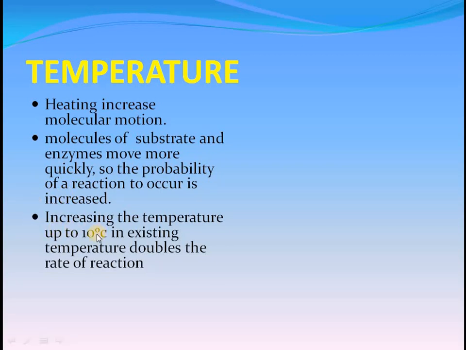Increasing the temperature by 10 degrees Celsius above the existing temperature doubles the rate of the reaction. Means when temperature is increased by 10 degrees centigrade, it doubles the rate of the reaction.